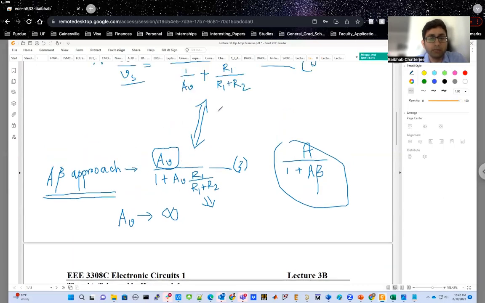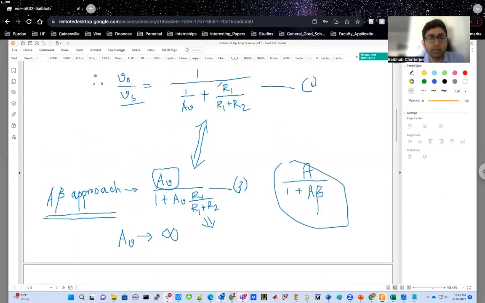That actually gives you the equation that you had earlier, equation number 2. And from here, what you get is 1 divided by, and this first term will become equal to 0, because 1 upon AV with AV being infinite is equal to 0. So what you'll be left with is R1 divided by R1 plus R2.